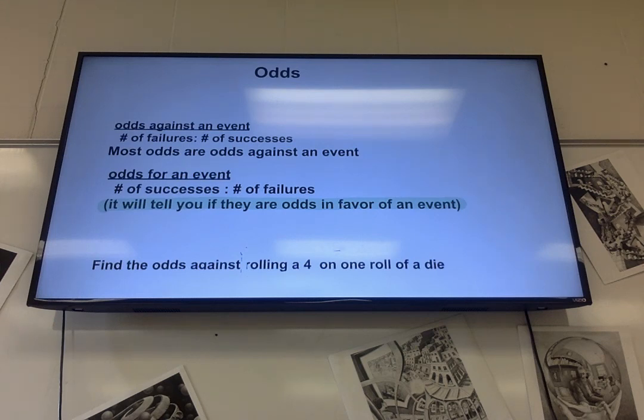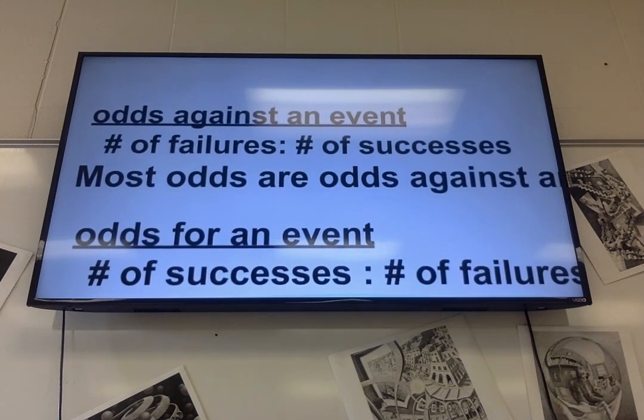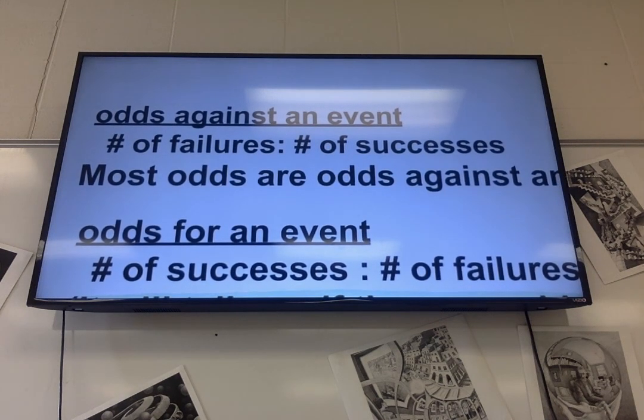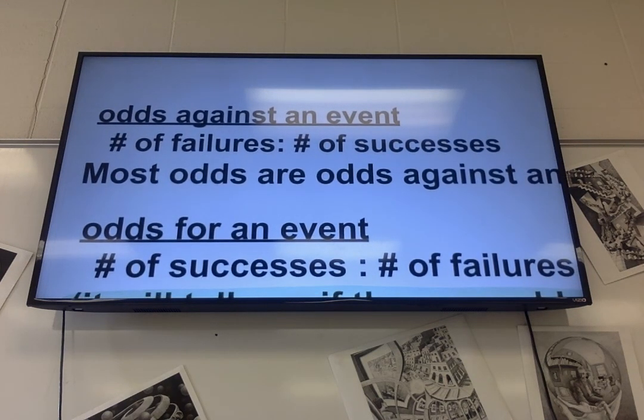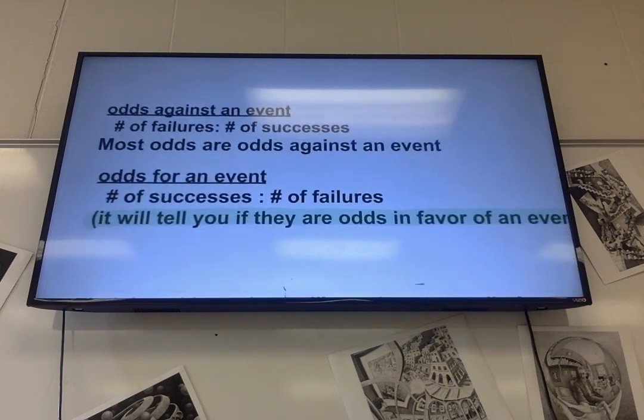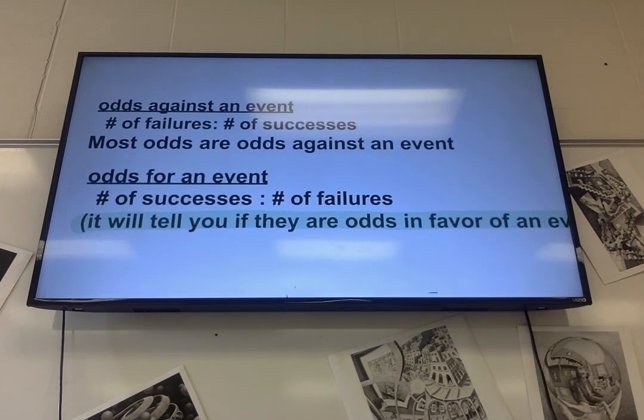Or like in Vegas when they have those big boxing matches, they will usually give you odds. And 9 times out of 10, the odds are against an event happening. So when it just says odds, that's odds against something happening. And that's the number of failures to the number of successes.